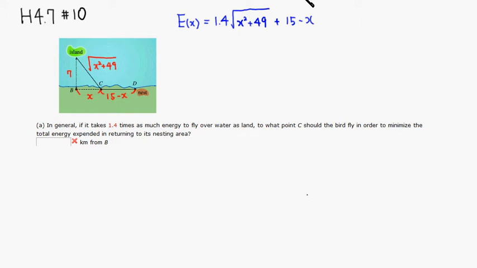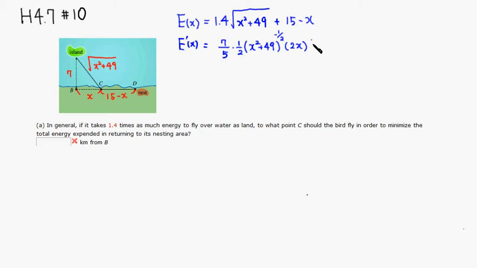Then we just take the derivative of this. So E prime of X is equal to, 1.4 is the same thing as 7 over 5, so I'm going to write 7 over 5. The derivative of that: put 1/2 in front, keep the same quantity, X squared plus 49, and subtract 1 from the power, so 1/2 minus 1 is negative 1/2, multiply by the derivative inside, which is 2x.